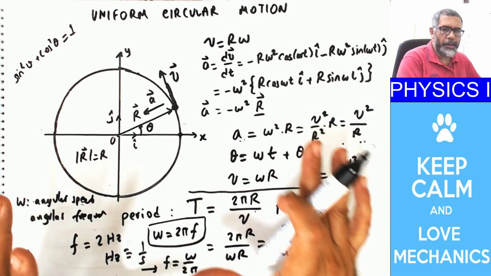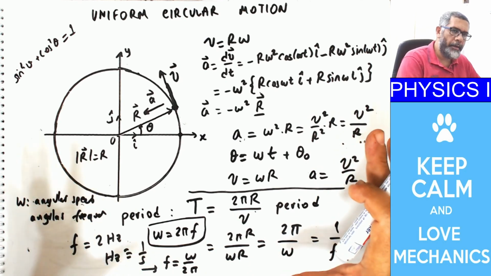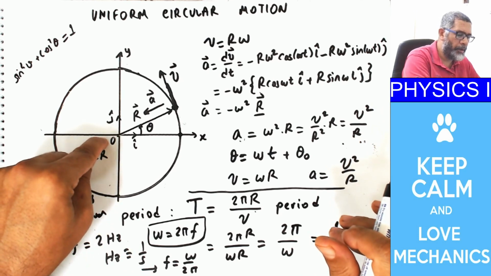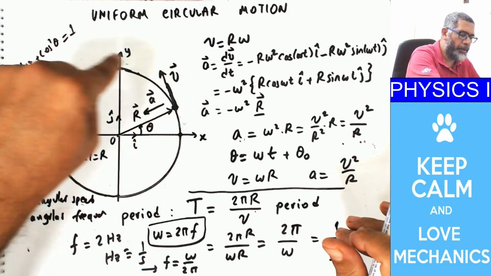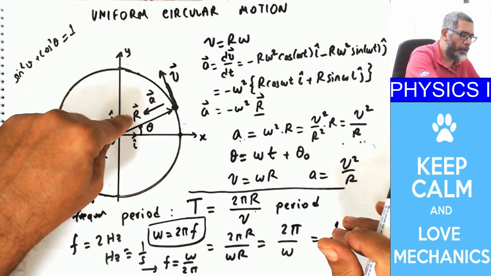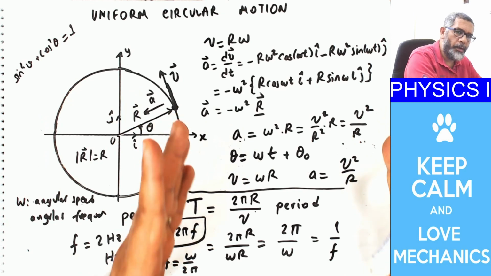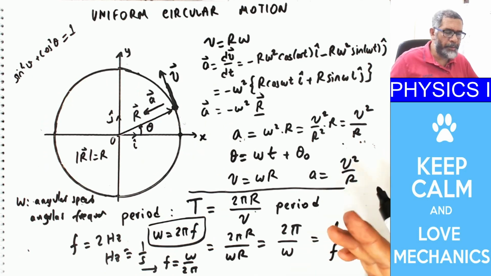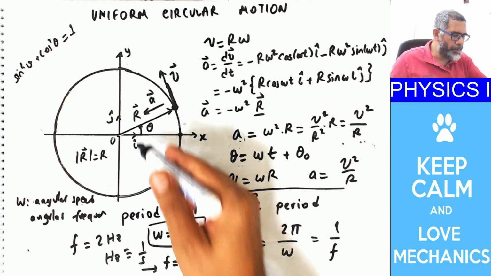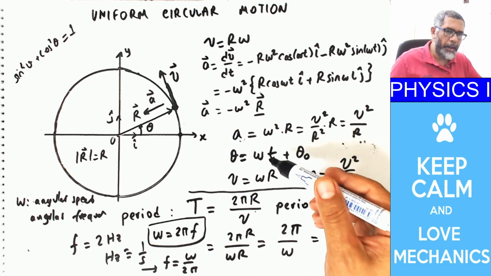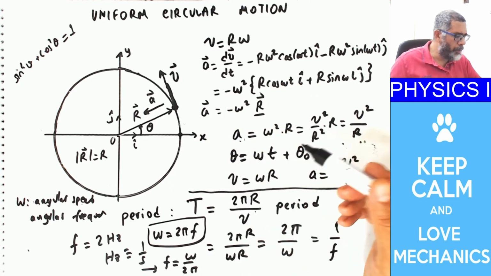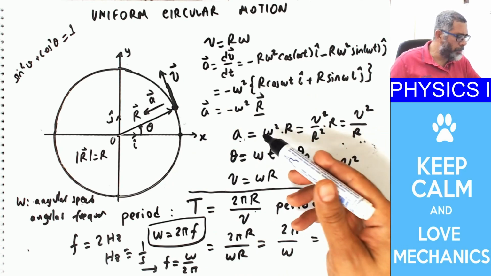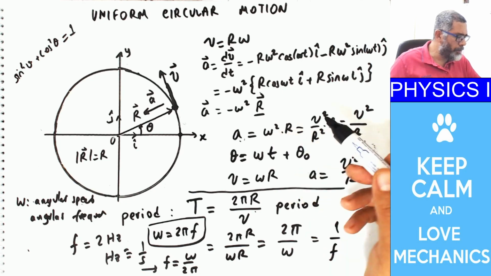Okay, so this is all the information you have for an object which moves around a fixed point on a path of a circle with radius r, and this is all you got for that specific type of motion, which we call uniform circular motion. You know its position vector at any time, its angular speed, its linear speed, how to express its acceleration in terms of linear speed and the radius, and also in terms of its angular speed and the radius.